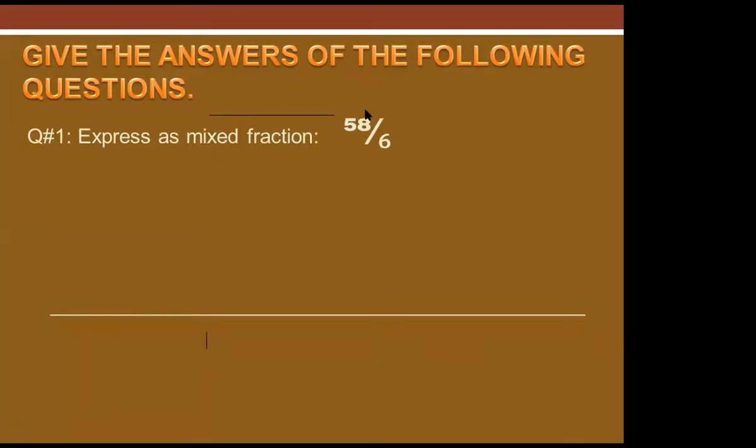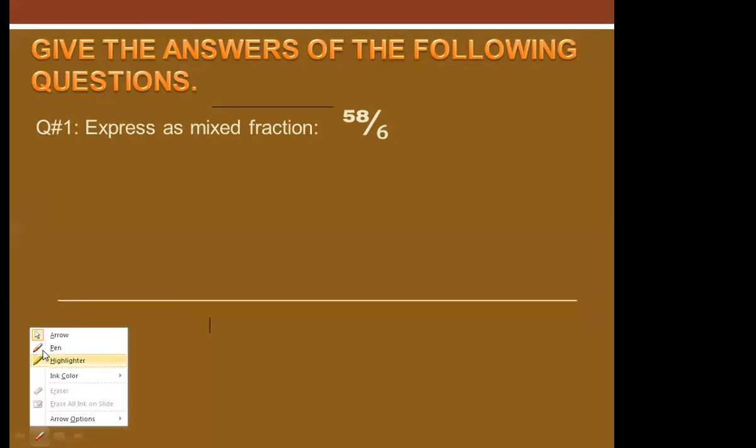Where is Iman, Hadika, Hania, Ibrahim, Umar bin Salman, Abbasi, Shahir? Where are you, students? Please write down the answer. 58 upon 6. Very good, Miram Wakar. Your answer is right. 9 whole 4. Umar bin Salman, your answer is wrong. Iman Adnan, your answer is right.